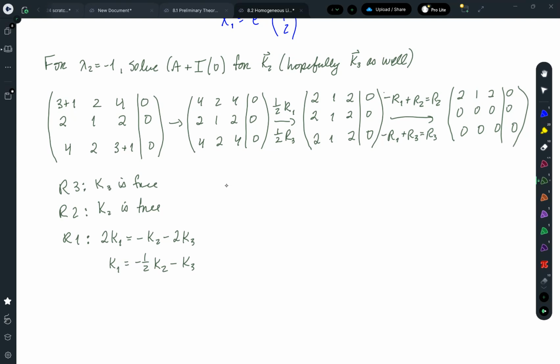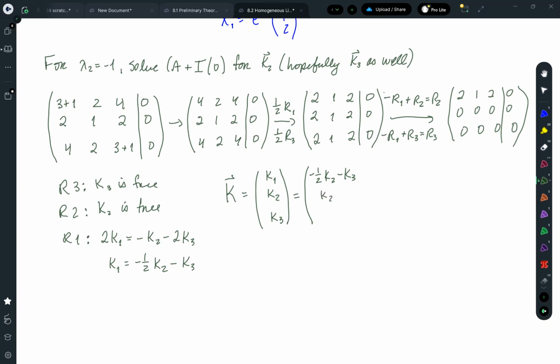So what we got was K, and we don't know if it's just K2 or K3, so it's just a K vector for now. And it is equal to a vector with components K1, K2, K3. K1 is negative 1/2 K2 minus K3.